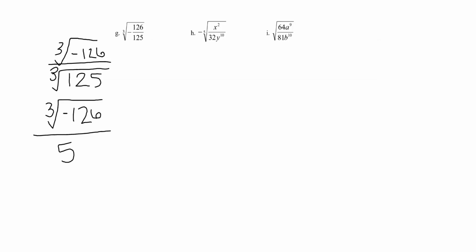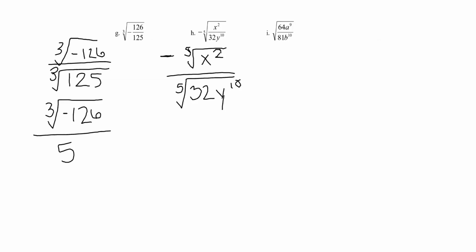Now for H, we have that negative on the outside, so I'm just going to move it to the numerator, and I have the fifth root of x squared on the top over the fifth root of 32y to the 10th.